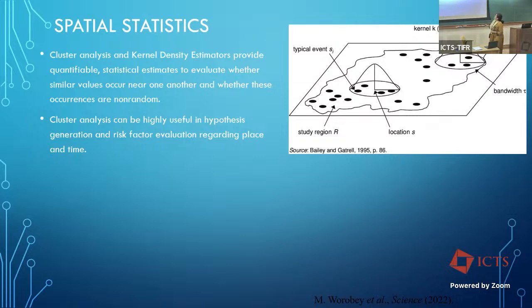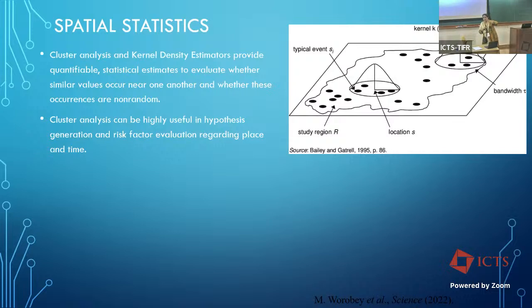Now, based on these points, you can run various point pattern analysis techniques. Some of which I've mentioned, you can do cluster analysis, you can use kernel density estimators. And basically the questions you can look at here, you can test hypotheses on what's generating these patterns and risk factors, depending on whether patterns appear to be random or not.